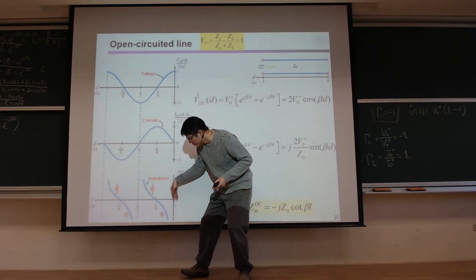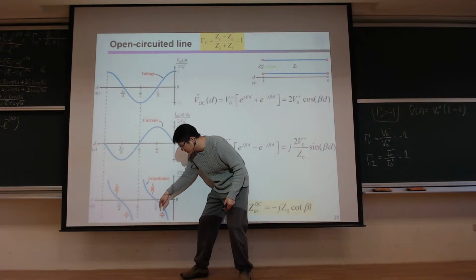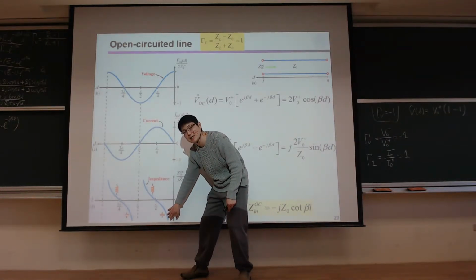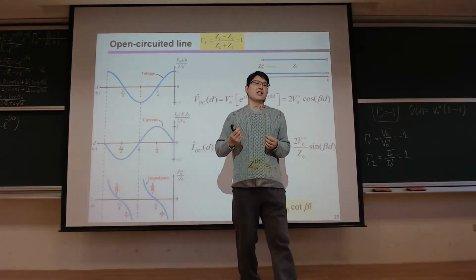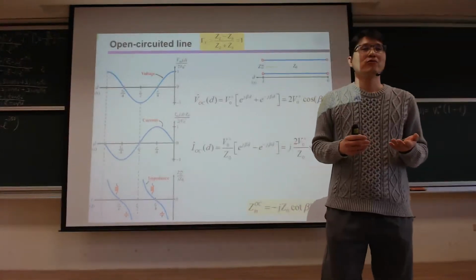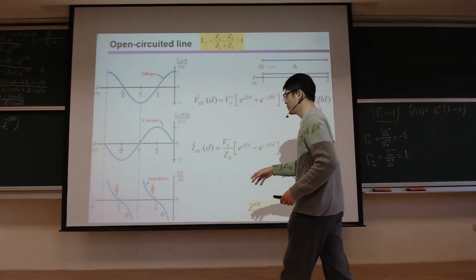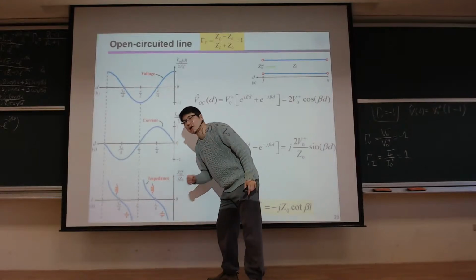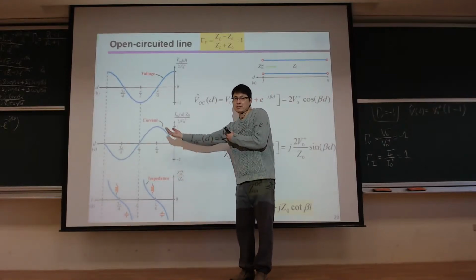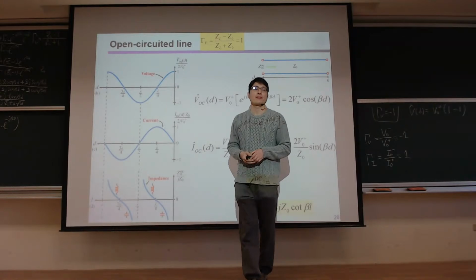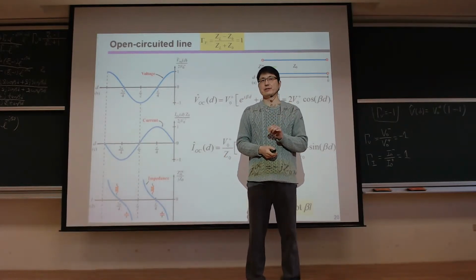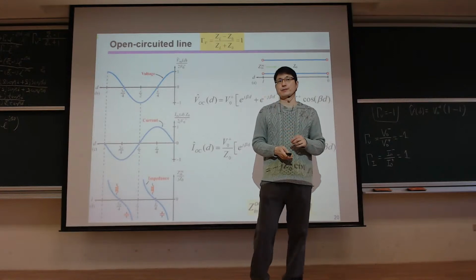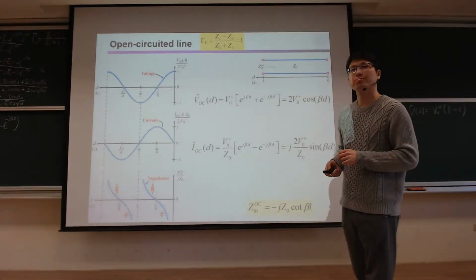So now, between the distance of 0 to lambda divided by 4, you have a purely capacitive reactance, and then it's inductive, capacitive, inductive. So the only change is, from the short-circuited case where you had inductive, now you have capacitive. Nothing else changes. Okay? The periodicity is still lambda divided by 2.